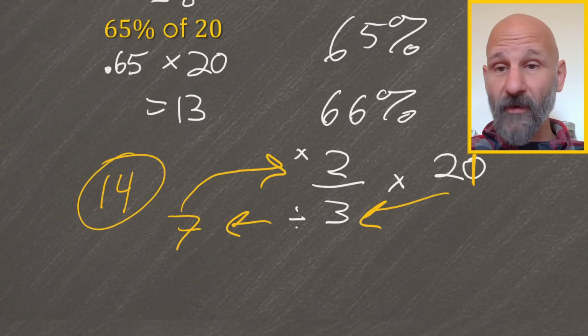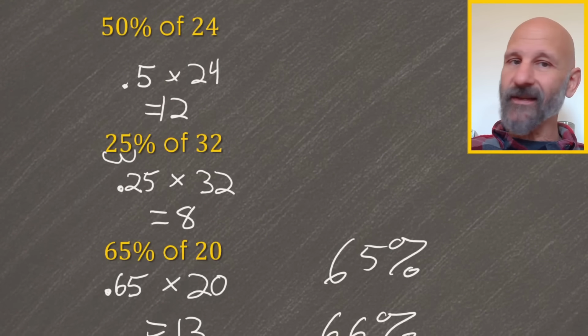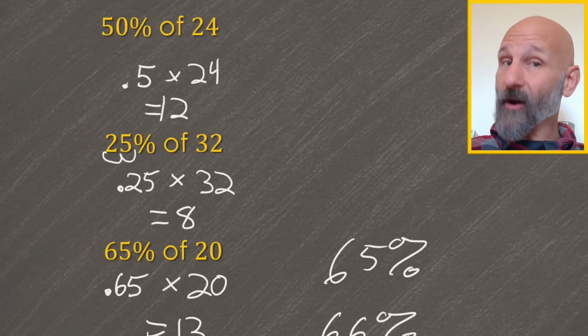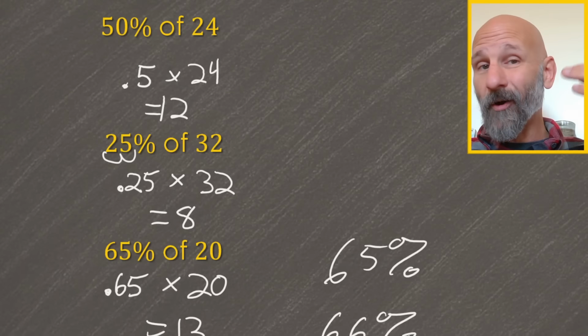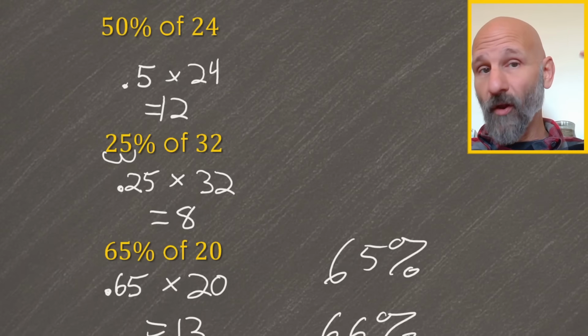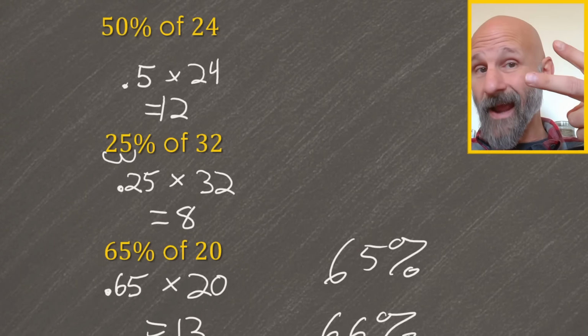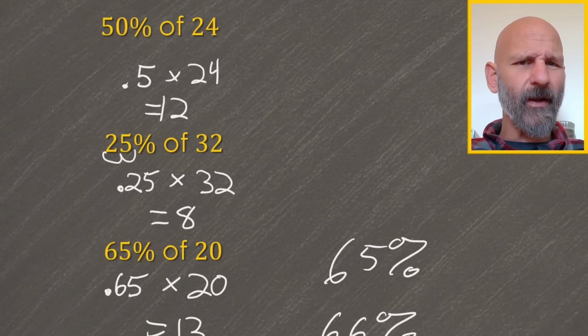Anyhow, that's 3 strategies for finding percents of numbers. Again, it's a multiply by not a whole number. Multiplying by not whole numbers can be a little bit tricky. You can do the decimals and long multiplication. You can change it to a fraction and then reduce and then multiply, and sometimes those will clean up nice and easy.